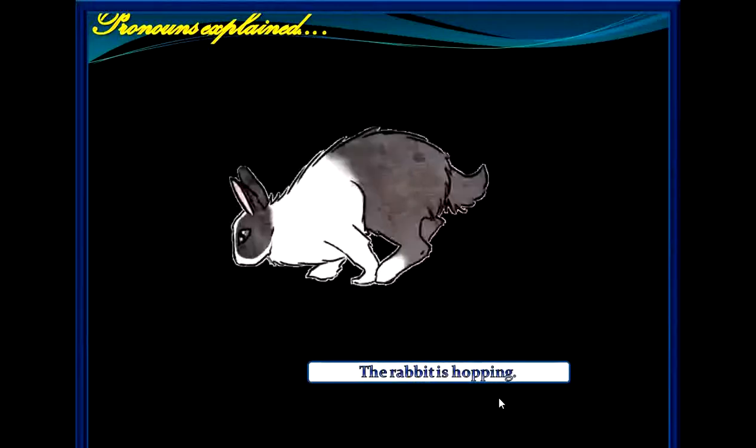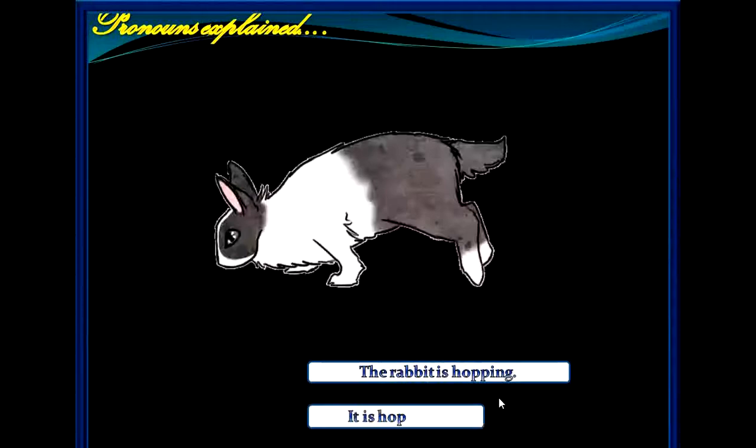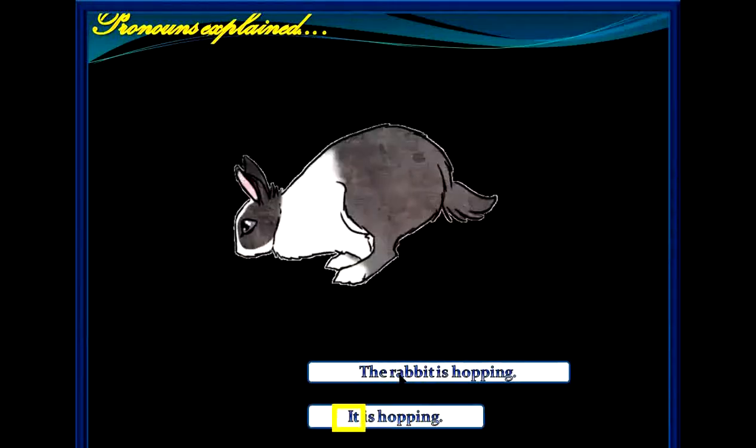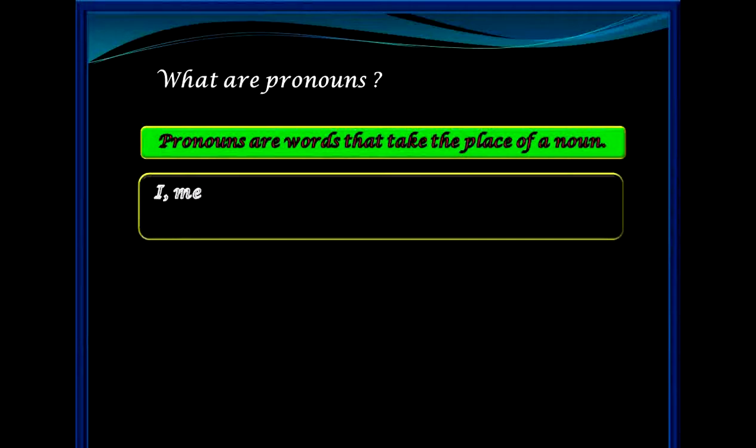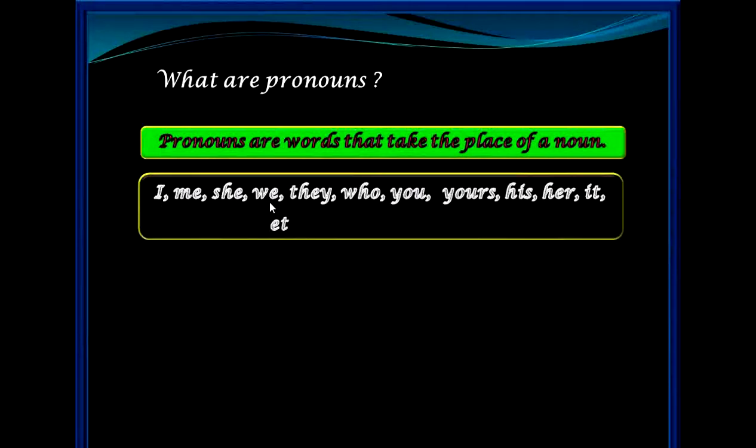This sentence can be rewritten as it is hopping. Here, the pronoun it replaces the noun rabbit. So what are pronouns, children? Pronouns are words that take the place of a noun. A few examples of pronouns are I, me, she, we, they, who, you, yours, his, her, it, etc.